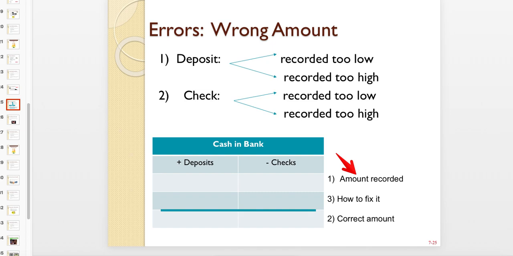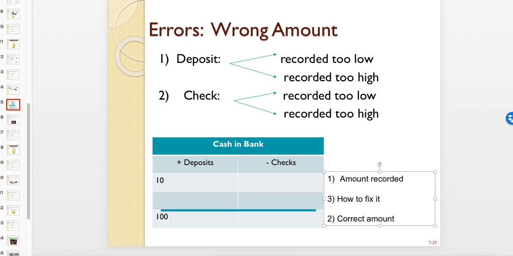So what did the accountant actually put in there? Well, in this case, the accountant put $10 here on the deposit side. Okay. The second step in the process is we want to identify what was the correct amount. And that's going to go on this line right here. Well, the correct amount was $100.